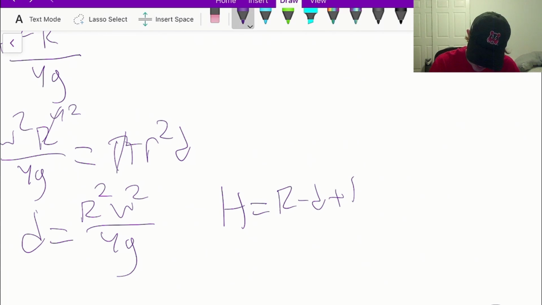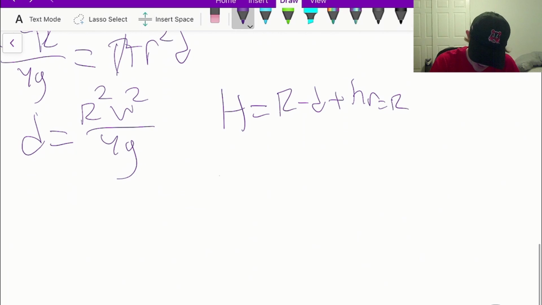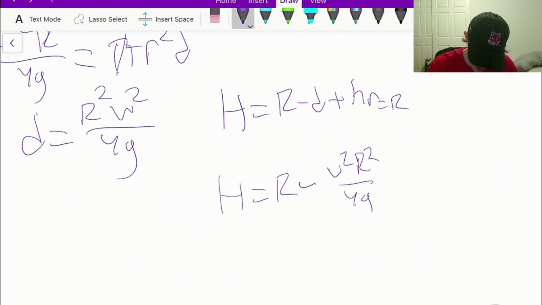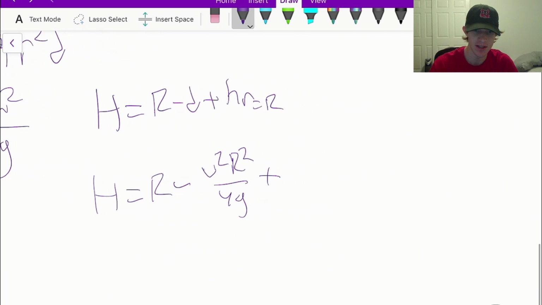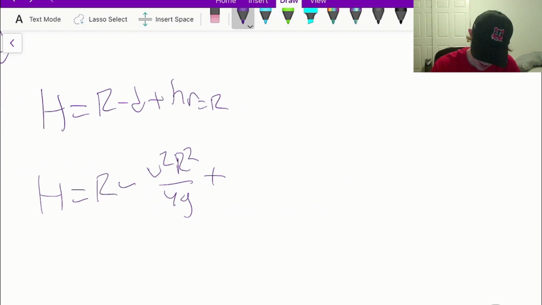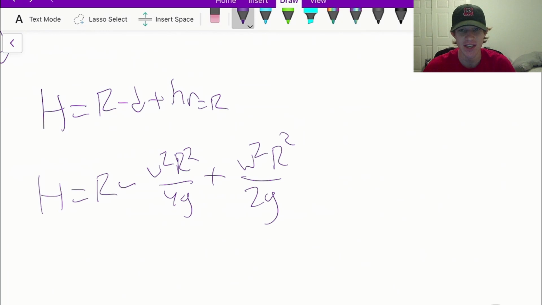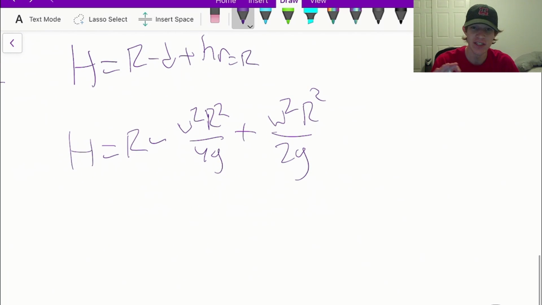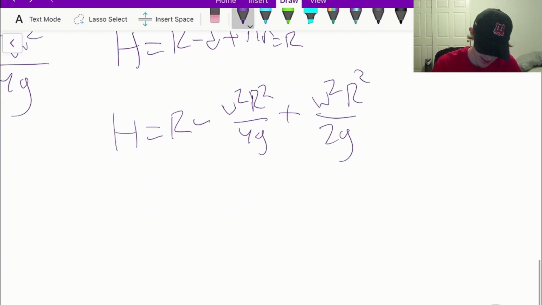So little h. We get height equals R minus this value of D, which is omega squared R squared over 4g, plus h, little h at the radius of big R, which if we remember is omega squared R squared over 2g. So I'm going to move the R onto the left side and simplify this.